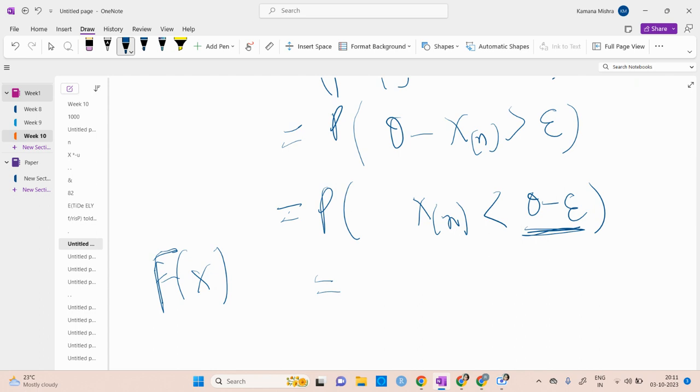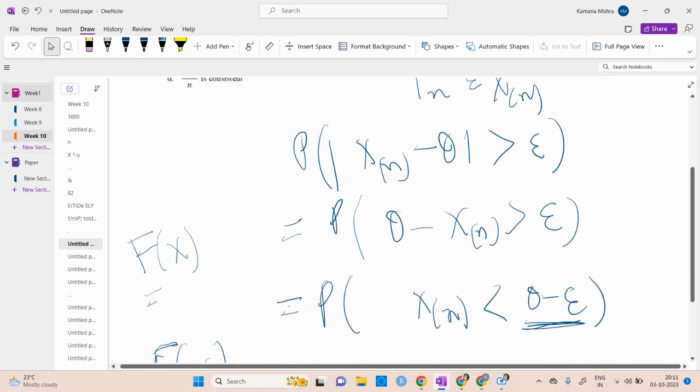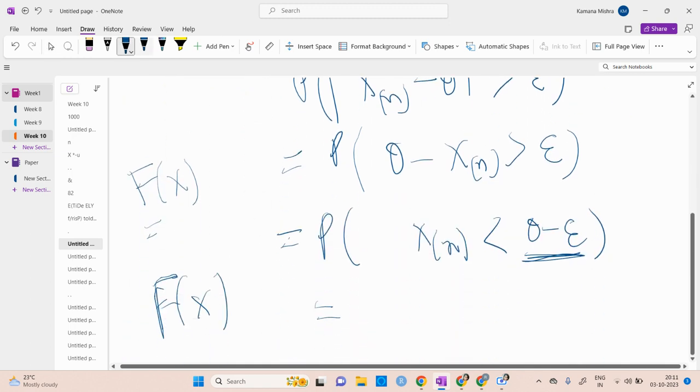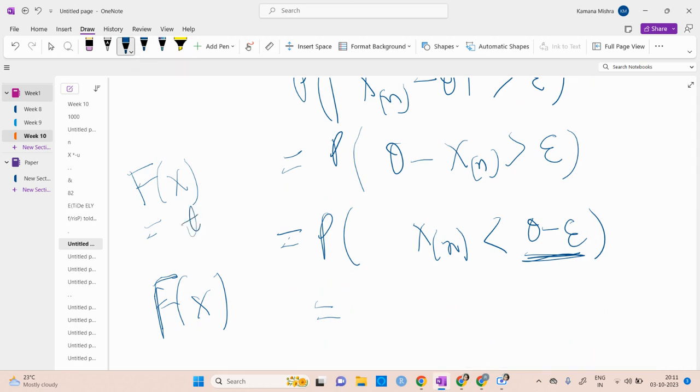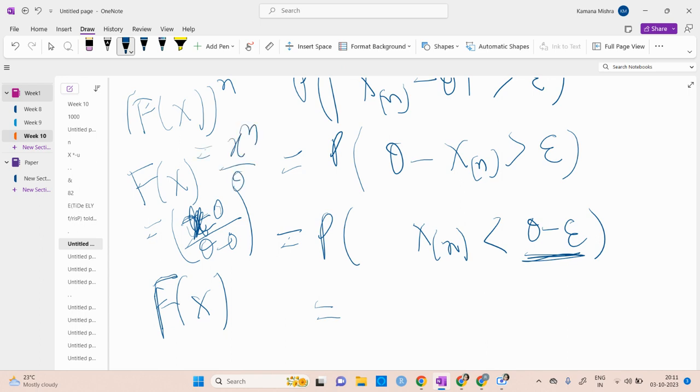We know that F of x is x minus a divided by b minus a. Let's say for Xi, it will be t minus 0 divided by theta minus 0. For t, let's say this t or x, it will be x upon theta, right? So for all n, it will be F(x) whole n, which is nothing but x to the power n divided by theta to the power n.